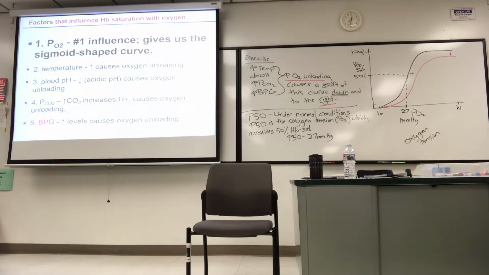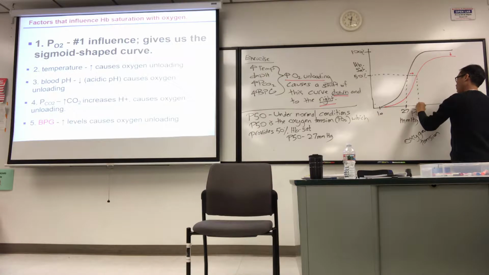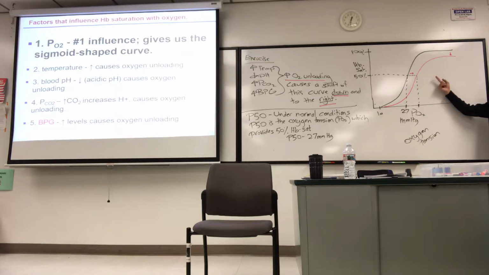So what I'm saying is, if you shift the entire curve to the right, I won't even put a number to it. What happens to P50? How does it change? Does it increase or decrease? It increases. It takes more oxygen to saturate at 50% under these conditions when it's shifting.